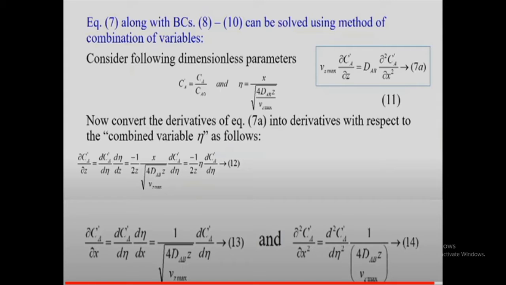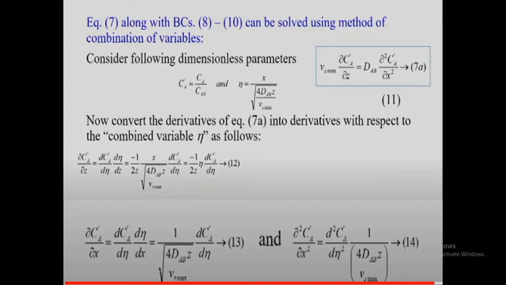Why? Because we have the eta value in terms of z, and again we are going to introduce eta. That is the purpose of z power 3 by 2 divided into z into root z. So the final value is minus 1 by 2 into z, x by root of 4 DAB z by Vz max. Are you clear?